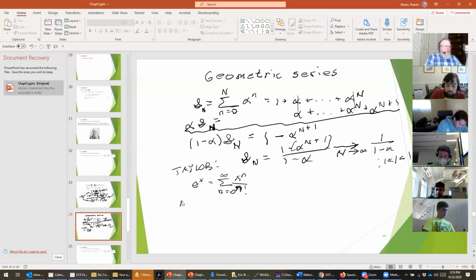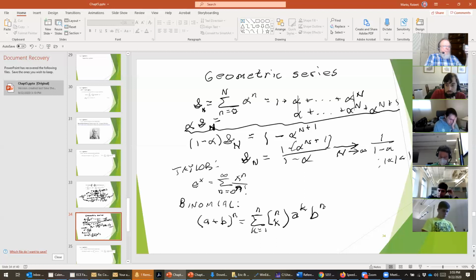Another one is the binomial expansion, which is that a plus b raised to the nth power. And you see this in binomial random variables quite a bit. Have you seen that?